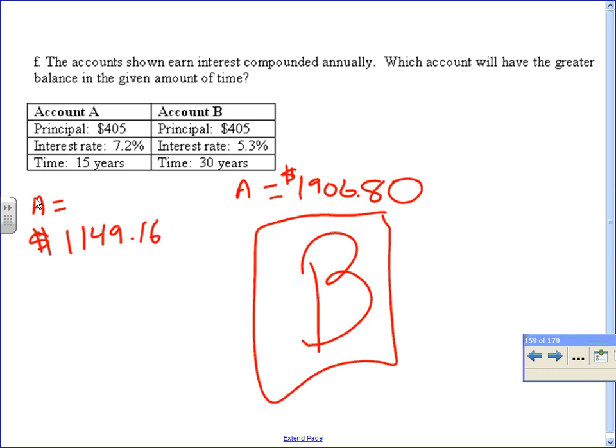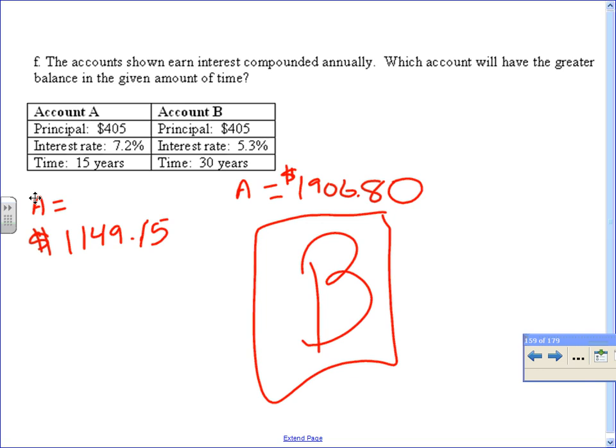Because account balance means A. That's why I put A. Annalise? I had 15 cents on mine. I wrote it because that's what Briar told me. Remember, if you're a penny away, it's rounding.